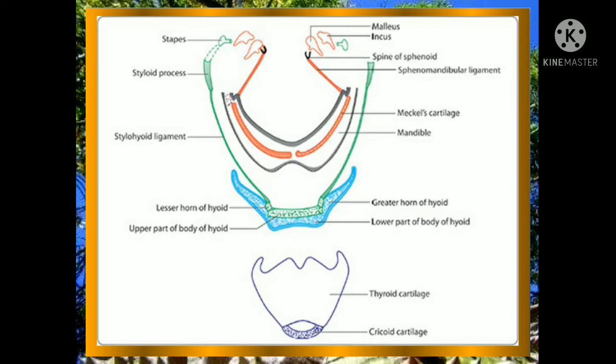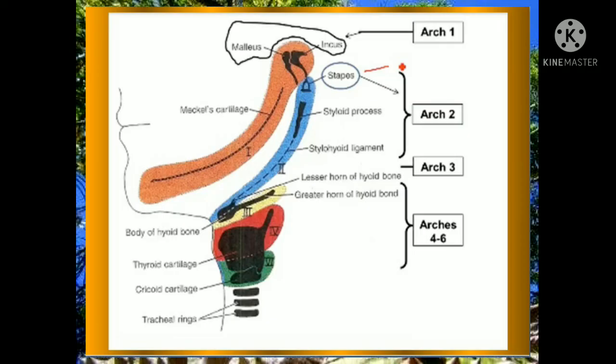From the third arch, the greater cornu of hyoid bone develops, and the fourth and the sixth arch give the thyroid, cricoid, corniculate, cuneiform, arytenoid, thyroid ligament, and epiglottis from the mesenchyme of hypobranchial eminence.